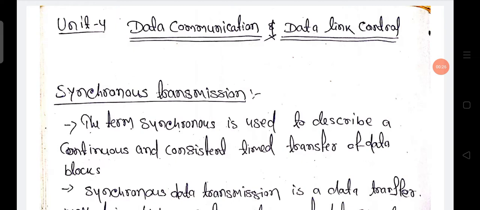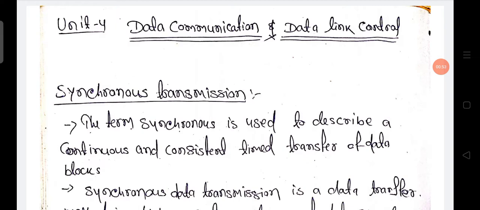In this unit, first of all we'll see the transmission types, and here we will discuss briefly the serial transmission type. In the first unit, we have already studied the types of communication. There are two types of communication: serial and parallel.